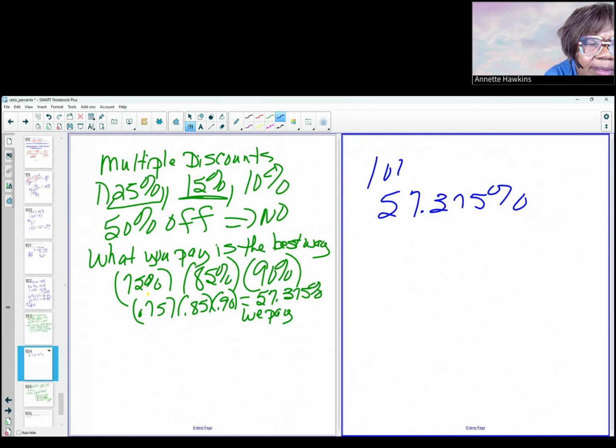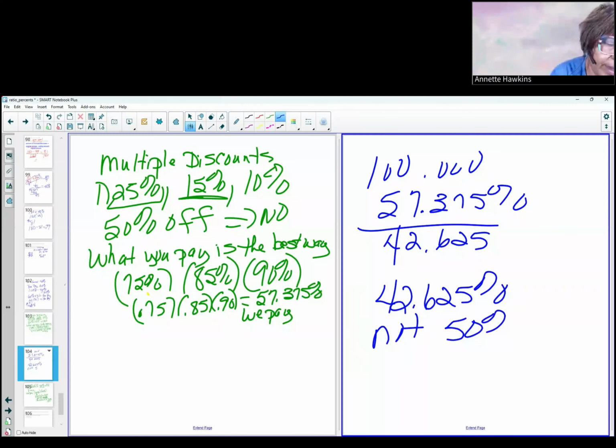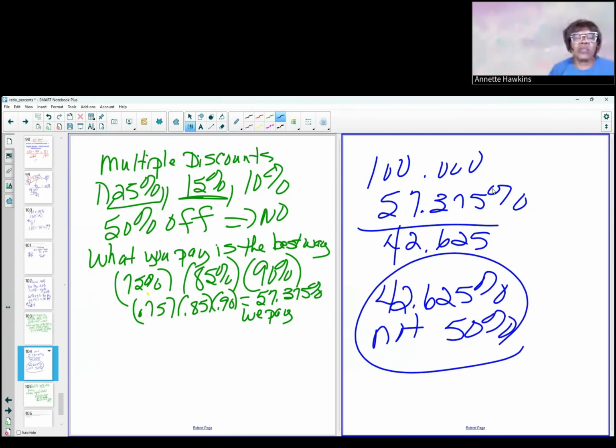If we subtract this from 100, so actually your discount is 42.625%, not 50%. Okay. So that's a way that you can find out what your actual discount is.